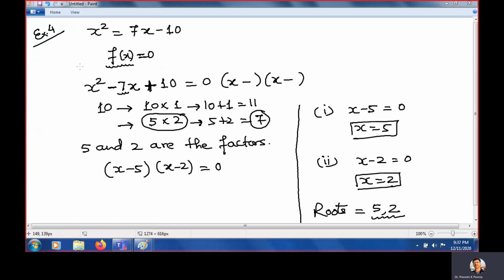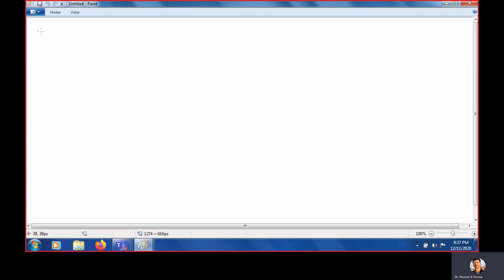Okay. So let us take another example, example 5, and the example 5 we are going to take is, yes, this one, x square plus 3x minus 10 equal to 0.